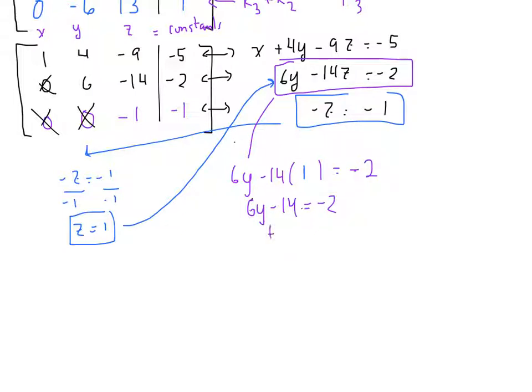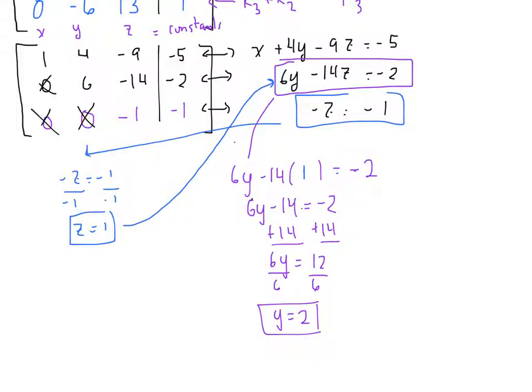So if I add 14 on both sides, I get that 6y equals 12. And again, hopefully something that's not too bad to solve. I divide by 6, I divide by 6, and y equals 2. And now I've got two of my answers. I got z equals 1, and I got y equals 2.